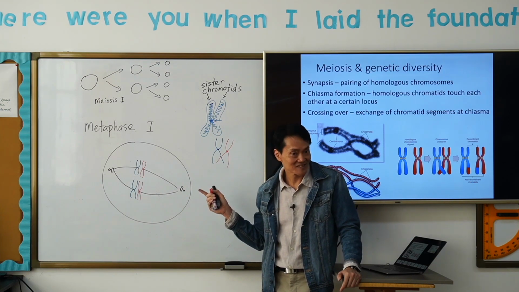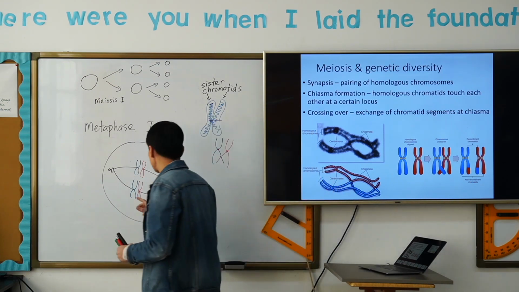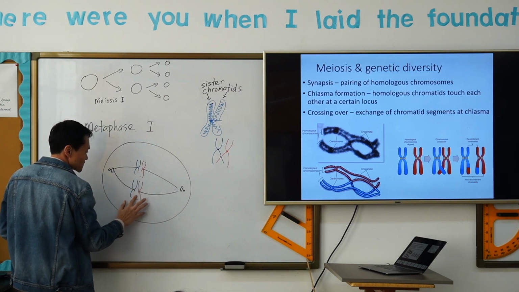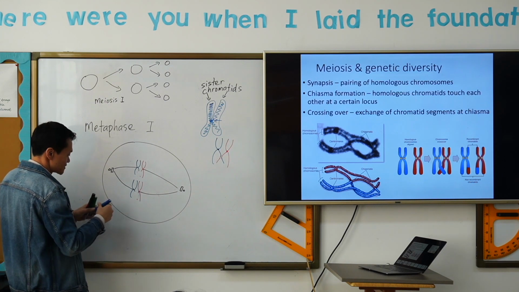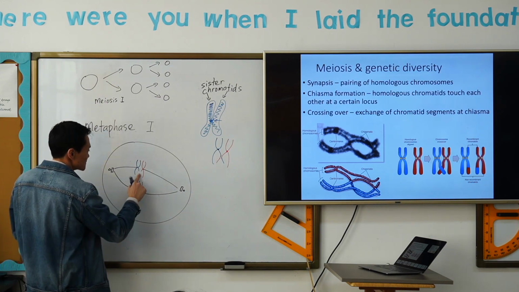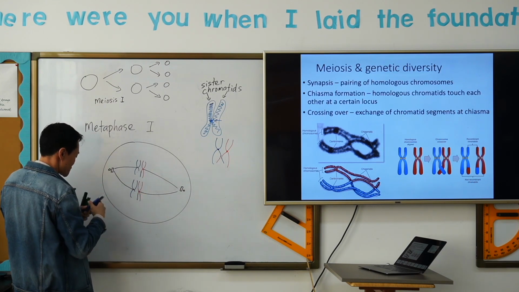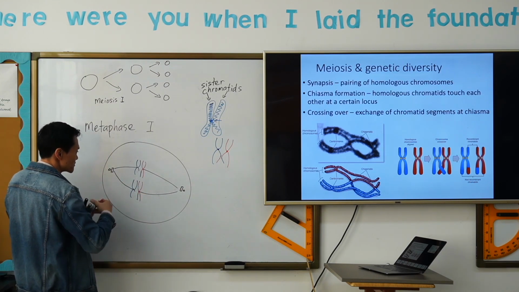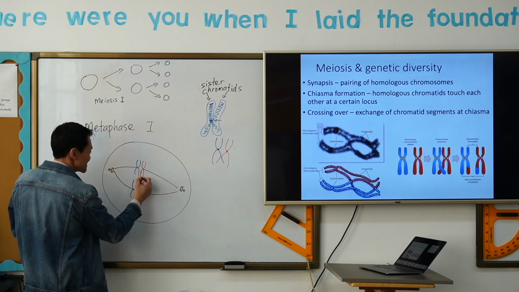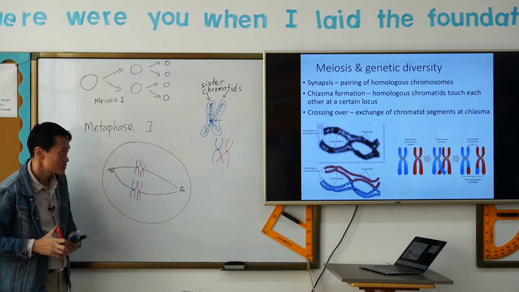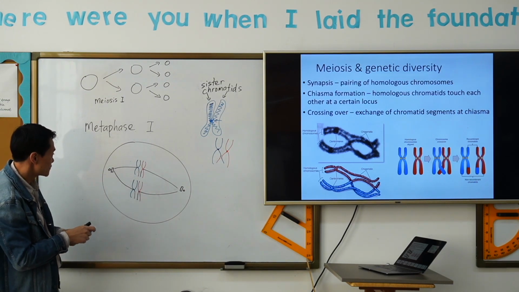So sad. Right? Okay, maybe I should draw in the differences just so that you appreciate later on. So let me do this. You can express your irritation at what I always do. Okay, so this is in metaphase 1, right?